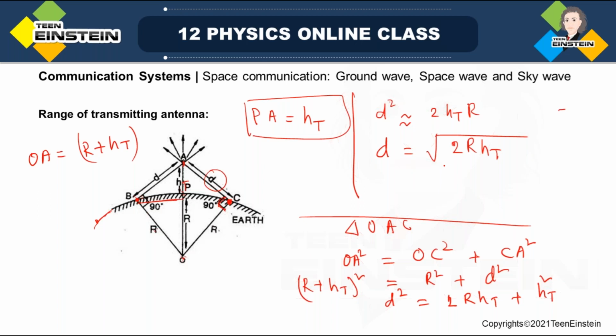Okay, so we have derived this: if the height of the receiving tower is ht, then what is the maximum distance from which you can do direct communication?